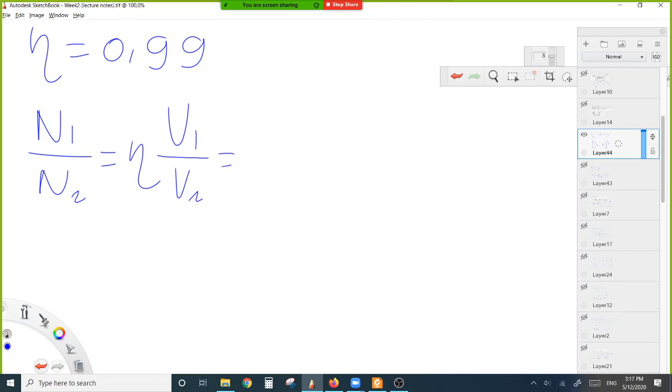So 0.99 multiplied by V1 over V2, which was 0.024.